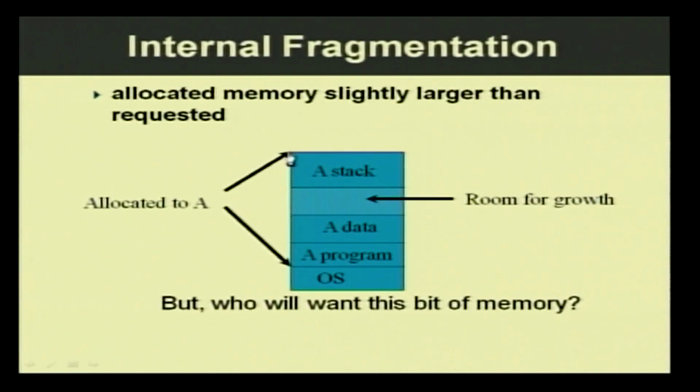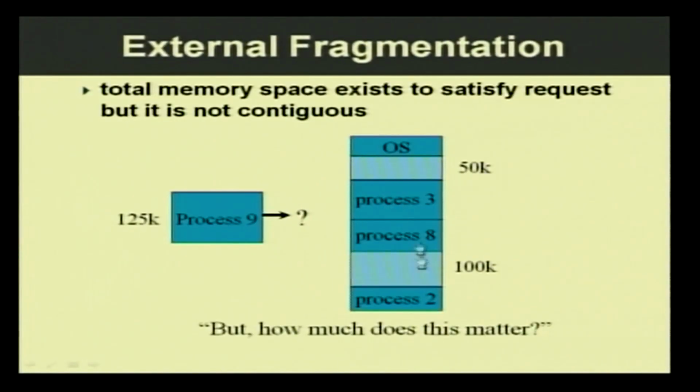Suppose the memory area from this point to this point is totally allocated for process A. There is still room for growth for process A, and if process A does not grow during its entire execution, this memory area is going to be wasted. This memory area is called an internal fragment. This can never be reclaimed and utilized. Only intelligent allocation of the total available space will minimize internal fragmentation.